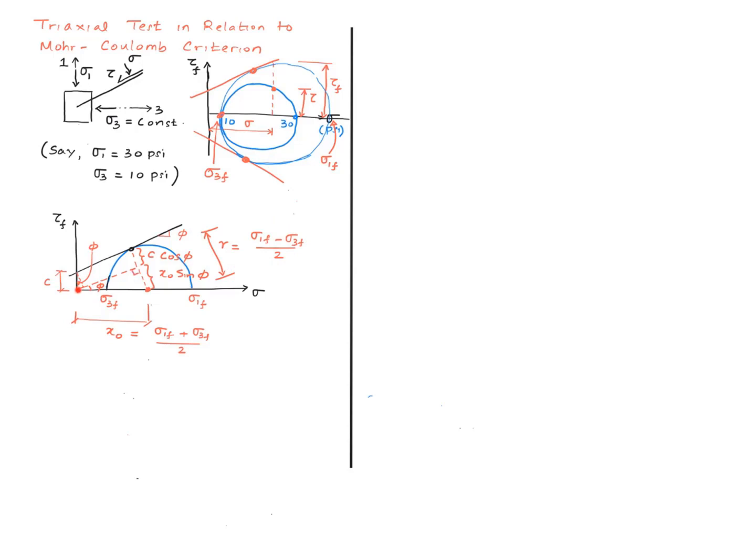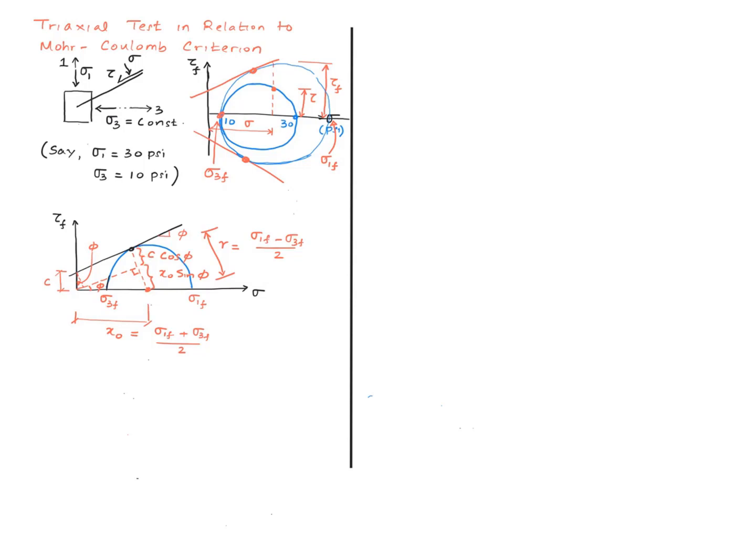Now I draw a line parallel to this line right here, and from that we know this distance right here is x naught sine phi, because this angle right here is phi. And now we also draw another line here to be parallel to this radius, and so this little angle there is phi, and therefore this distance works out to be c cosine phi.